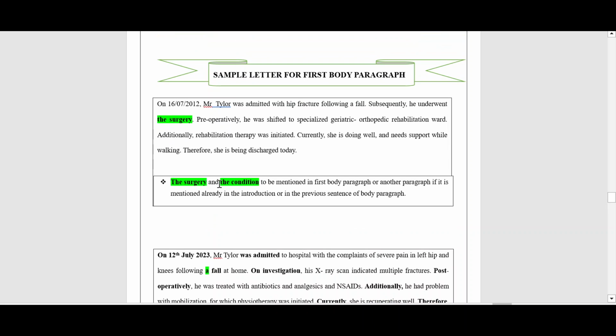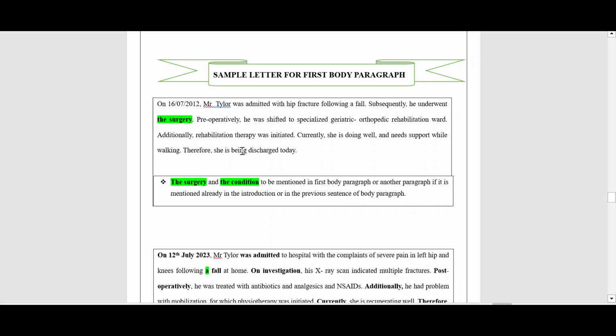If you mention the diagnosis or the surgery in the introduction, you should not repeat it in the first, second, or third body paragraph. Instead, refer to the diagnosis as "the condition", meaning whatever health problem you wrote in the introduction.